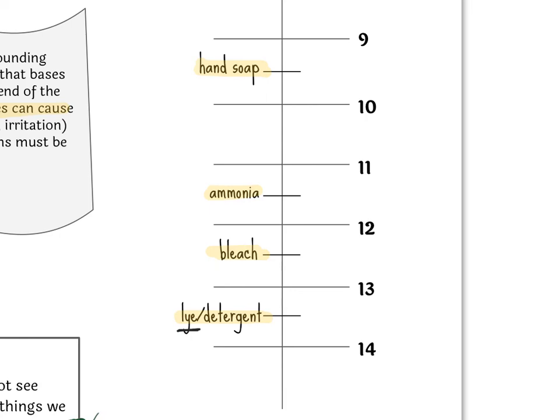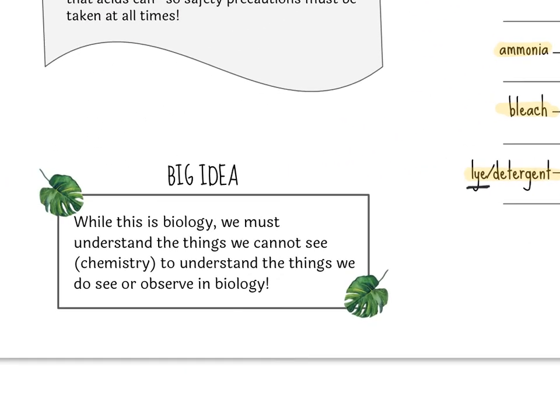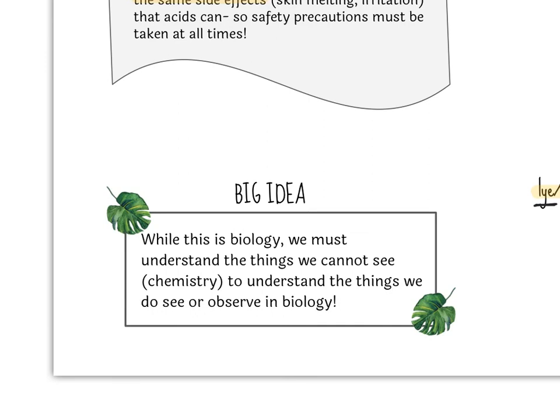Okay, so that sums up our pH scale for our notes. We're going to look at the big idea that I wanted you to get from these notes. Like I said, while this is biology, we must understand the things that we cannot see. One of the main things I love about biology is that we can see it, we can observe it.